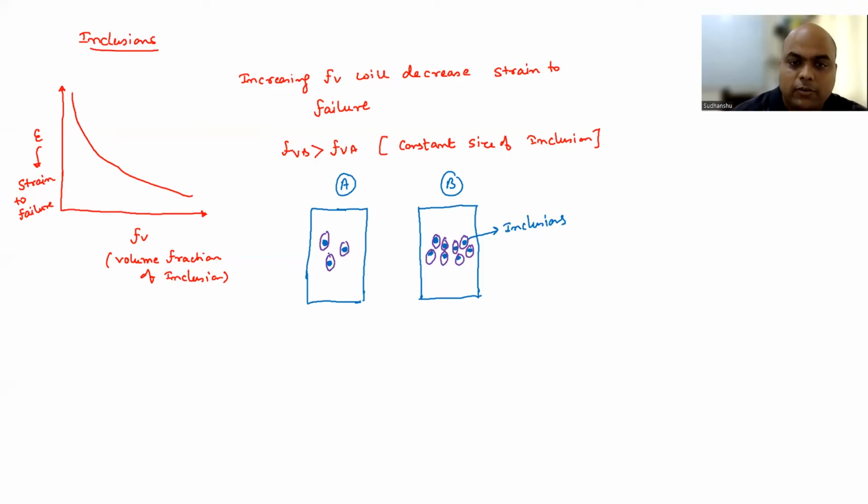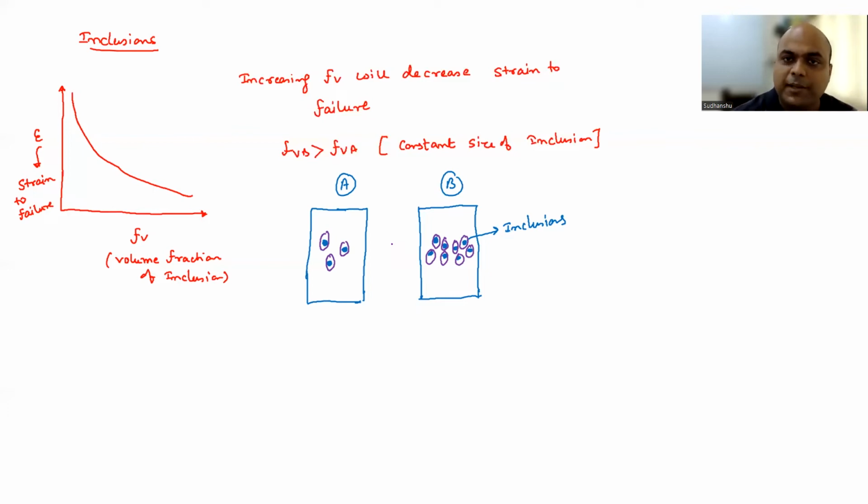If you see in A and in B, voids have been nucleated, and the distance between the voids in B is much smaller than the distance in A, right? So the coalescence becomes much easier, or much earlier, in B, right? That means if we increase the volume fraction of inclusions, the distance between the voids is going to decrease, and therefore coalescence is going to become easier, which will lead to decreasing strain to fracture, right?